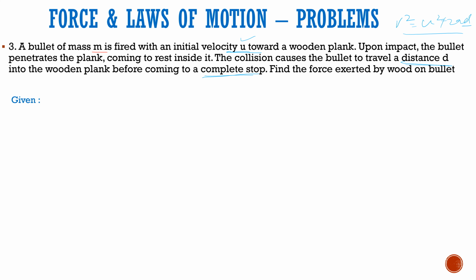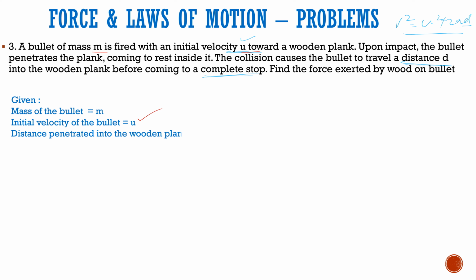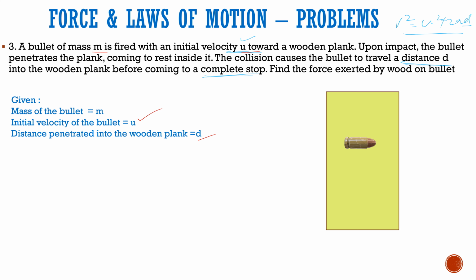So again, going back to the given data, the mass is m, the initial velocity is u, and the distance penetrated into the wooden plank is d, that also we know.